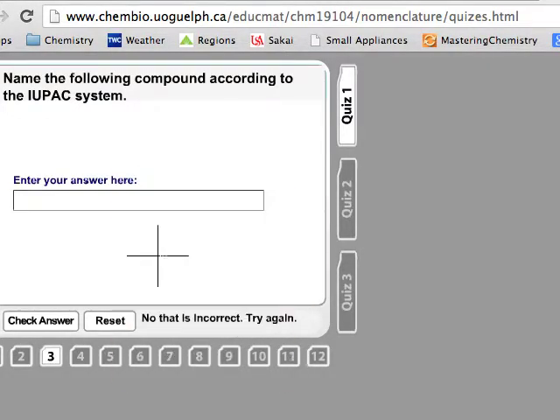So 2,2-dimethylpropane. 2,2 dash dimethyl, no space, propane.